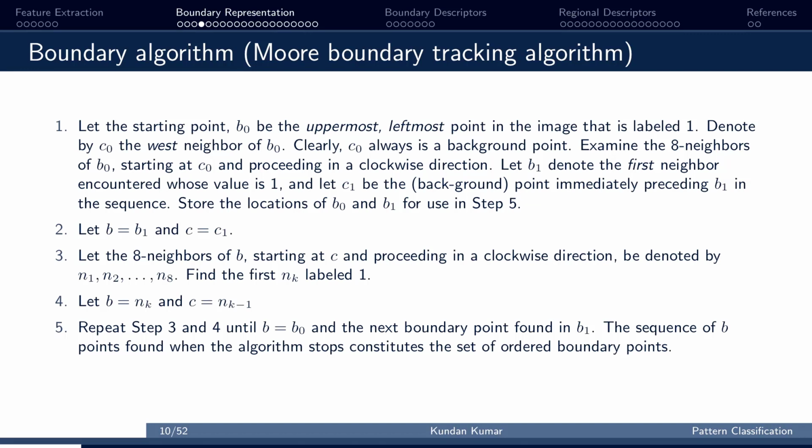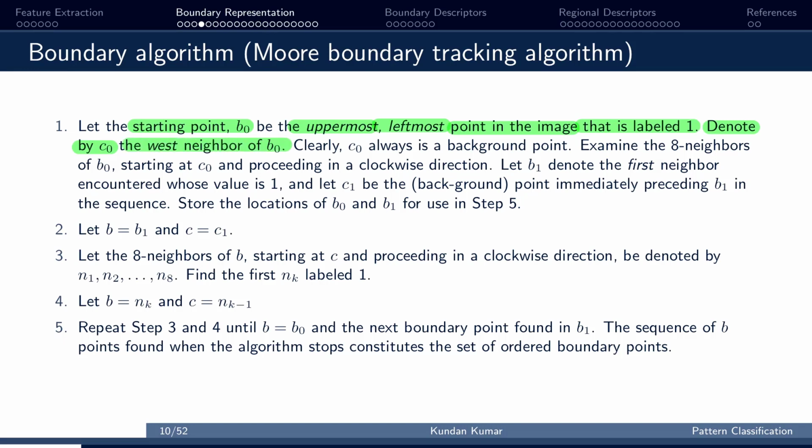So we will start with the starting point B0, and that is the uppermost leftmost point in the image that is labeled 1, and labeled 1 means that is the object pixel, and we will denote the preceding pixel as C0, and that is basically the west neighbor of B0.